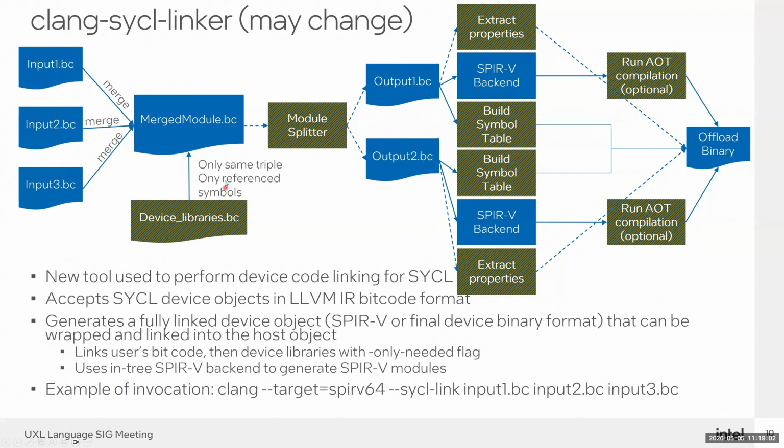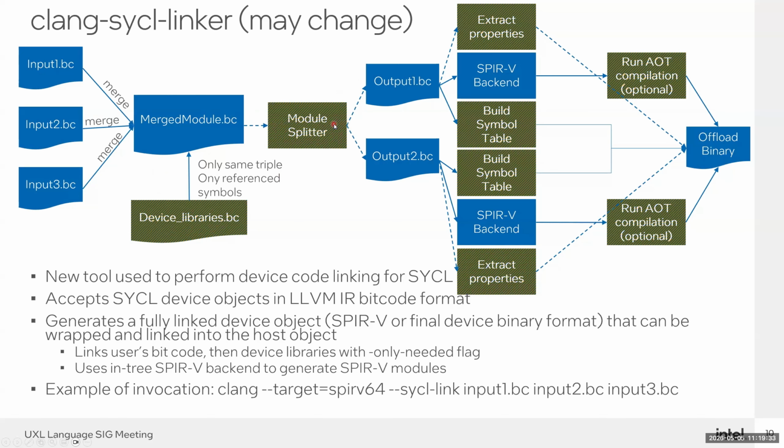Also, it links in necessary device libraries, if any is necessary, and of course it links in only referenced symbols, not entire device libraries. And then this merged module goes to the module splitter, which splits this module per requirements. I'll cover it later.